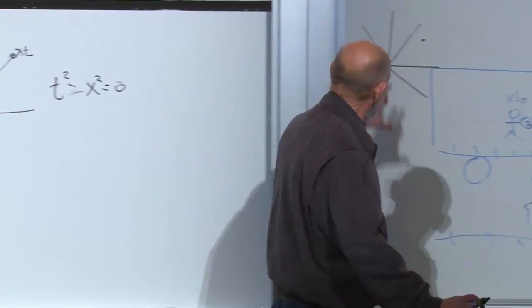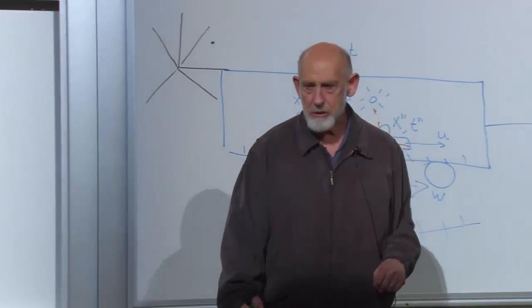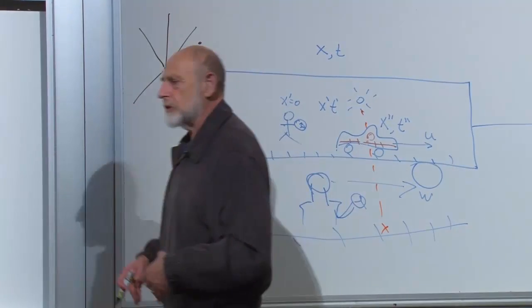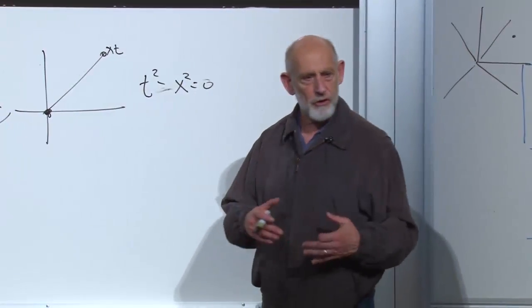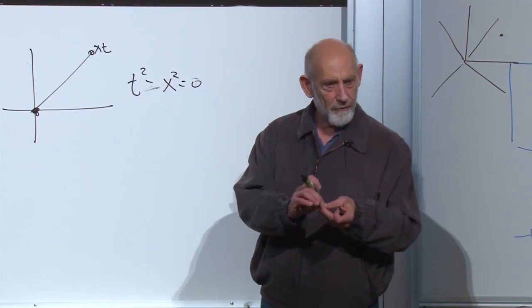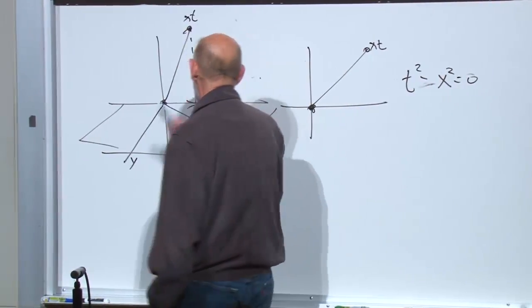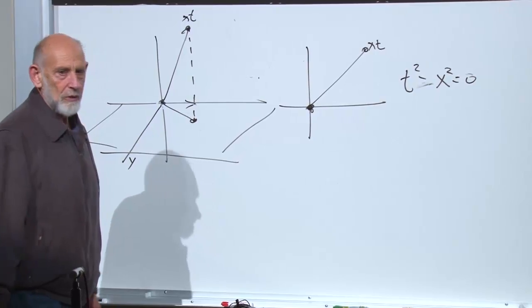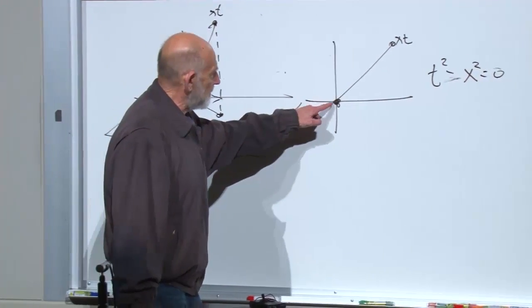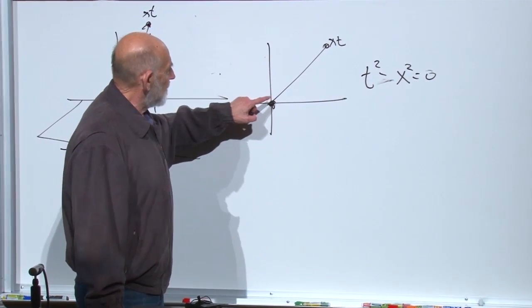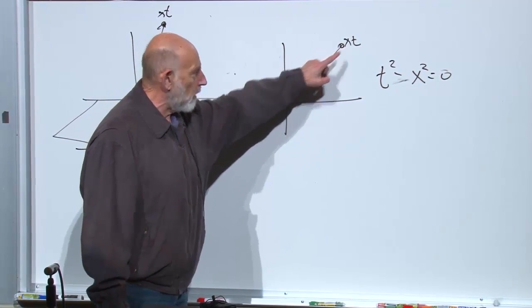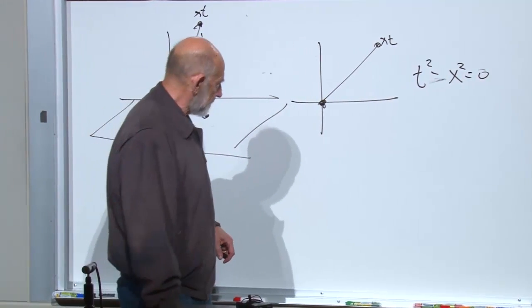That's different than ordinary Euclidean distance. In Euclidean distance, if two points have genuinely 0 distance between them, they're sitting on top of each other. In space-time, if two points have space-time distance or proper time equal to 0 between them, that simply means they are related by the possibility of a light ray going from one to the other.